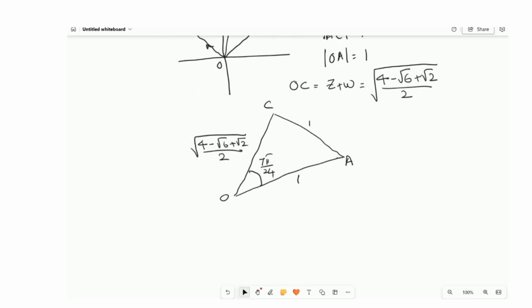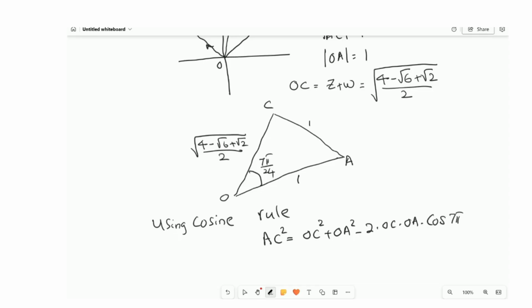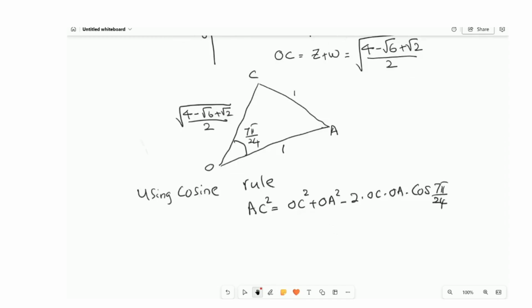So now I am going to apply the cosine rule for triangle OAC. We can say that AC square is equal to OC square plus OA square minus 2 times OC times OA cos 7 pi divided by 24.